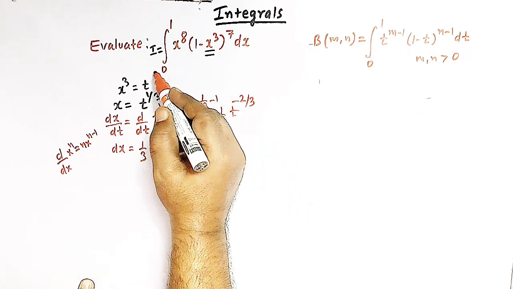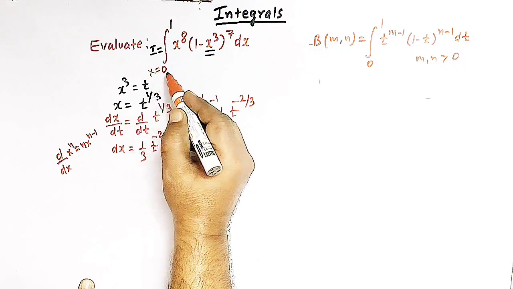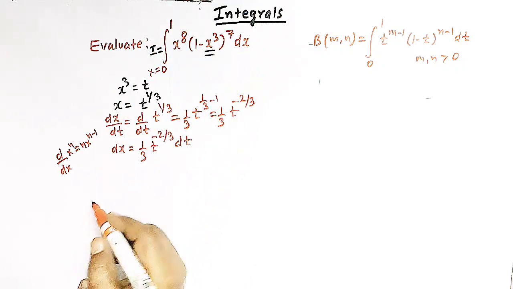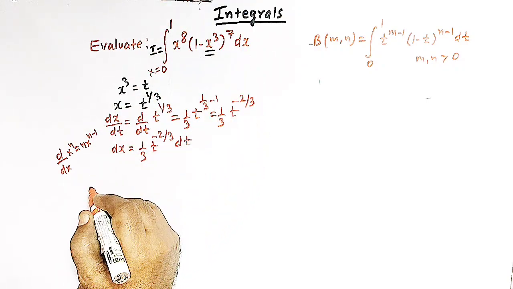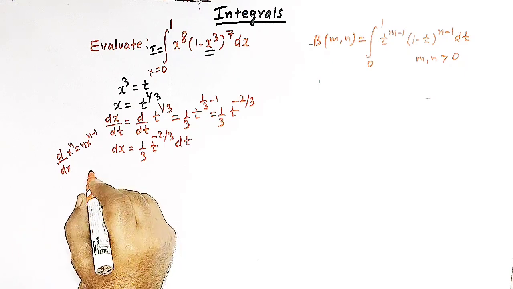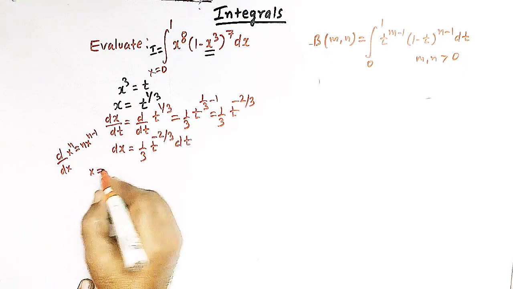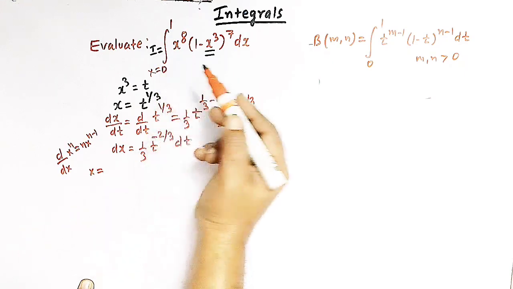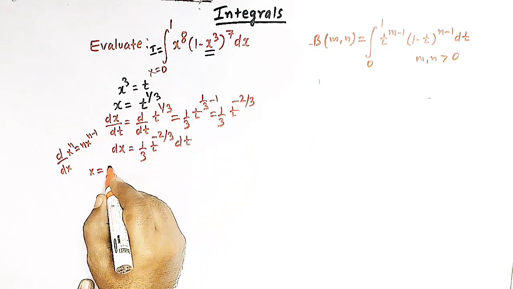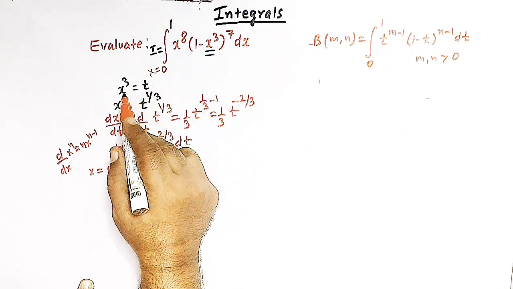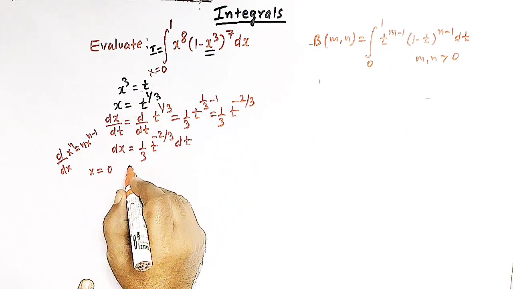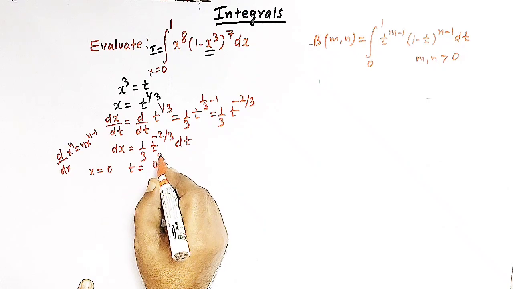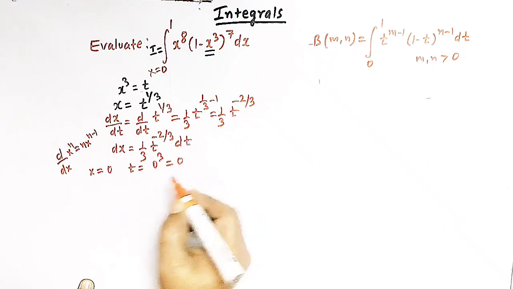Okay, now here the limits of integration vary from 0 to 1. So let us change the limits accordingly. So when x is 0, 0 is our lower limit, the value of t can be obtained from this relation. So t is 0 cube, that is equal to 0.